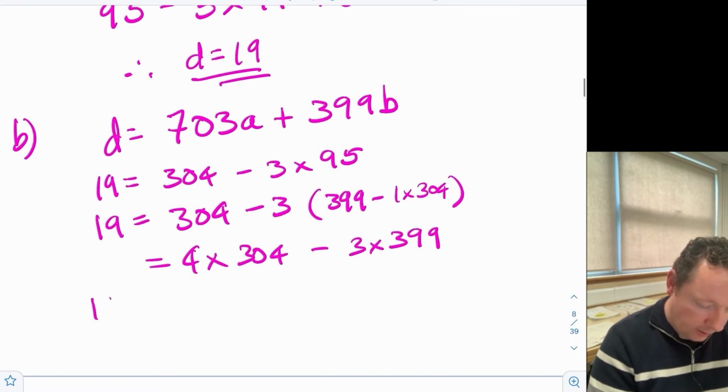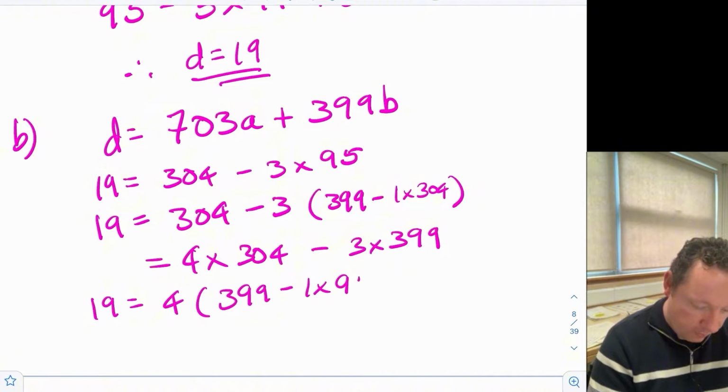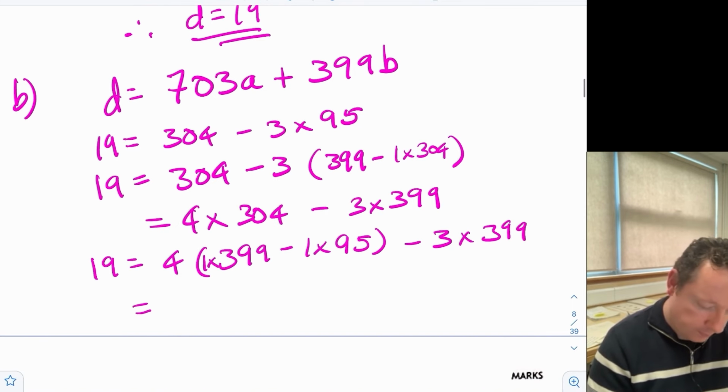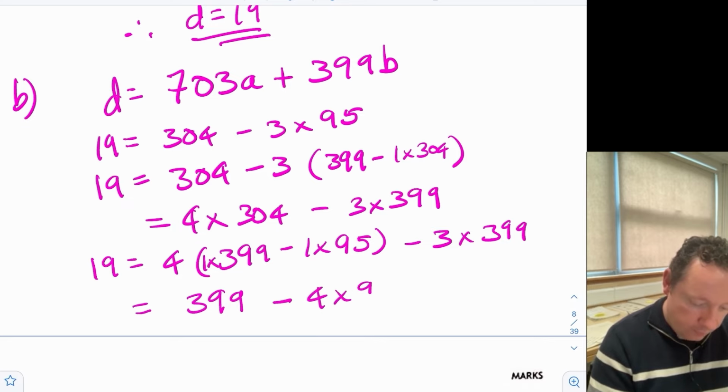So that means that 19 equals 4 times 399 minus 1 times 95, minus 3 times 399. So we can simplify that to 4 lots of 399 minus 3 lots of 399 is 1 lot of 399 minus 4 lots of 95.